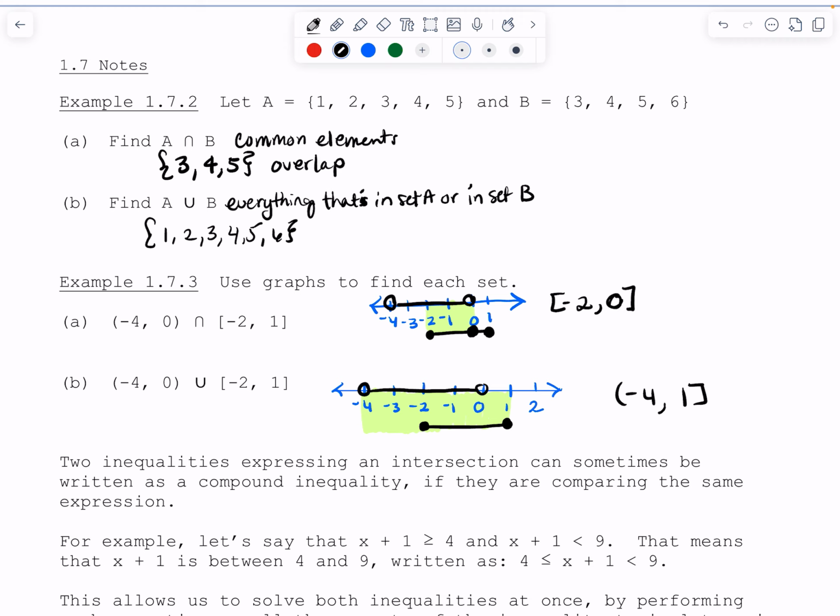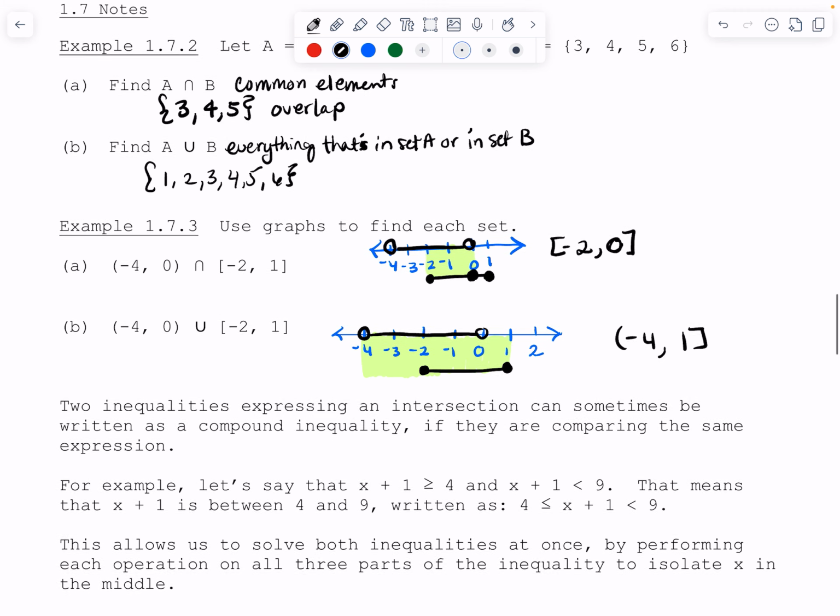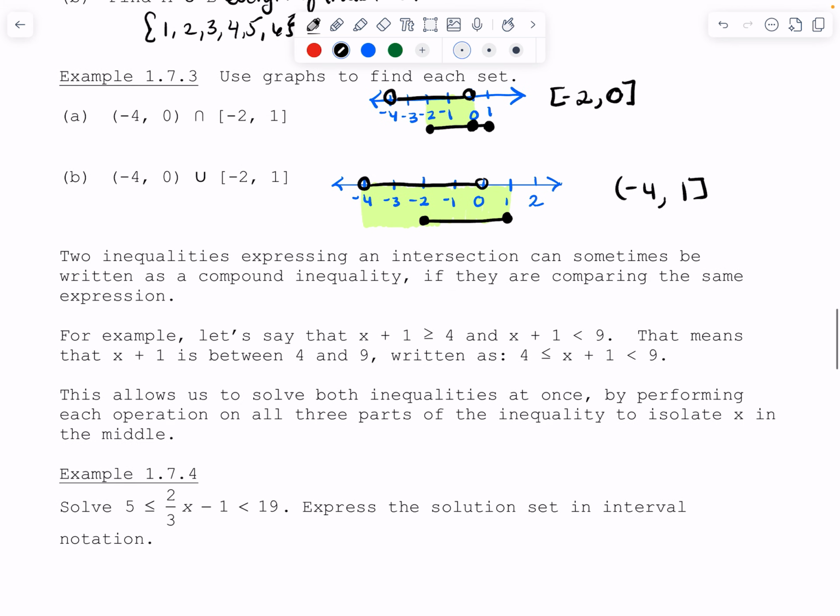Okay, so again, overlap means "and," include everything means "or," look for your far left to far right values. So two inequalities that express an intersection can sometimes be written as a compound inequality if they are comparing the same expression. So for example, let's say that I have x plus 1 is greater than or equal to 4, and x plus 1 is less than 9.